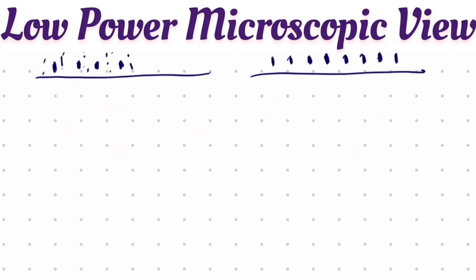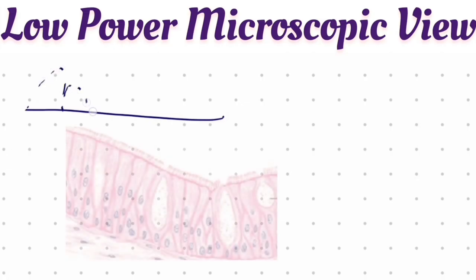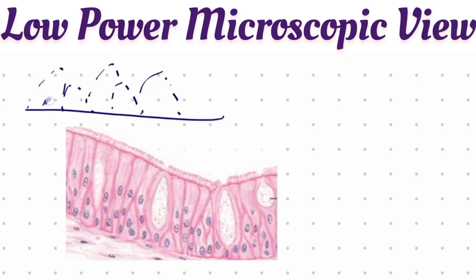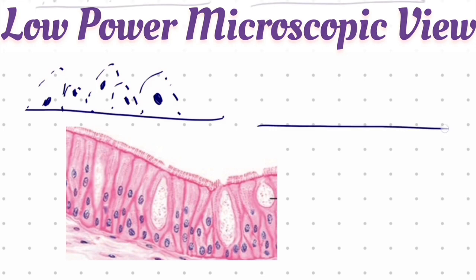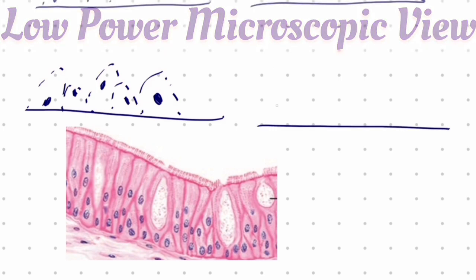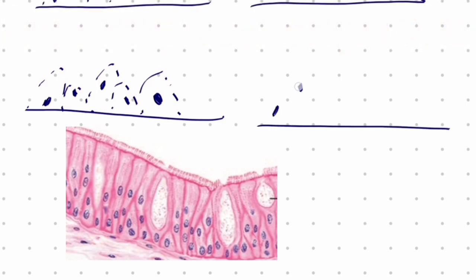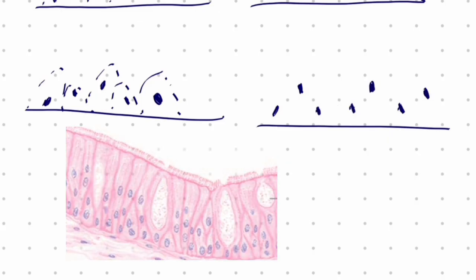Similarly, when we are seeing the pseudostratified under low power, where the nuclear heights vary, there what we find, when we see without the cell membrane, the nuclei appear to be at different levels from the basement membrane.